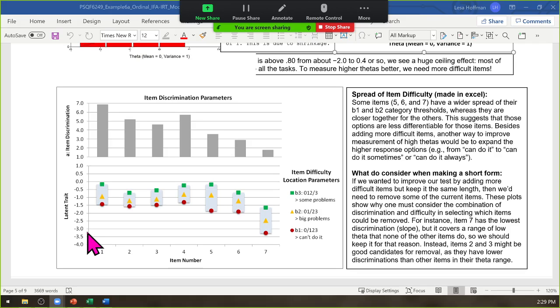I'm sorry. But anyway, answering the phone is a way to distinguish amongst super low people who can or can't do this item. And so, from that perspective, it would be useful, even though it's not that useful in that area. It's all we got in that area. The proximity of the oranges and the reds makes me think that can't do it versus big problems doing it are not separable enough.